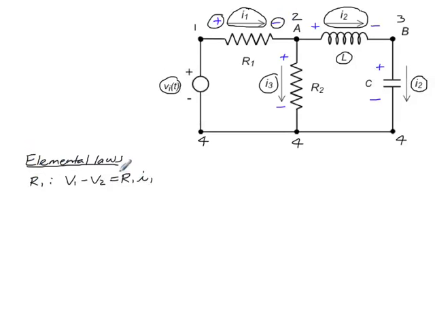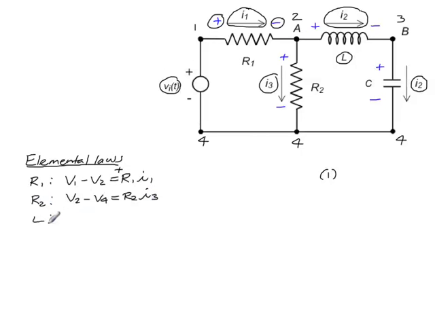With that choice, there is a plus sign there in front. So this will be equation 1. If we look at resistor 2, it's the same thing. The voltage change across resistance 2 is going to be V2 minus V4, and that's equal to R2 I3.